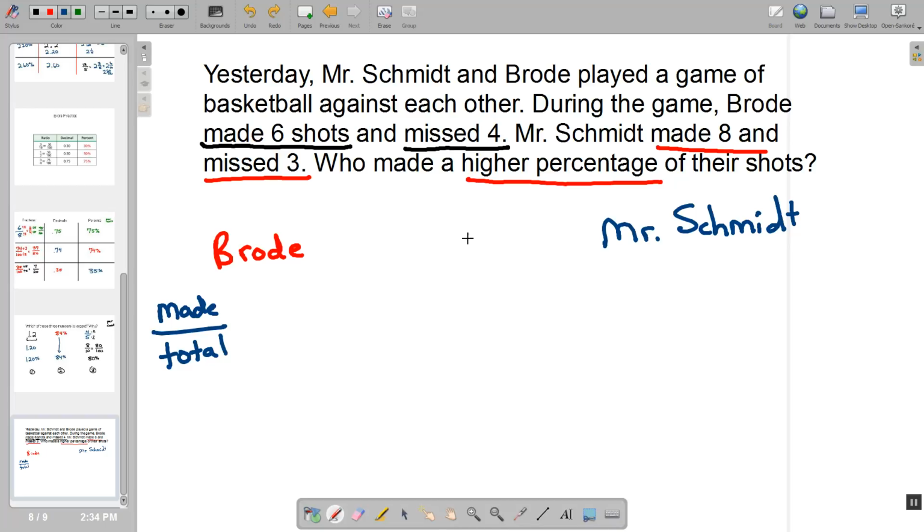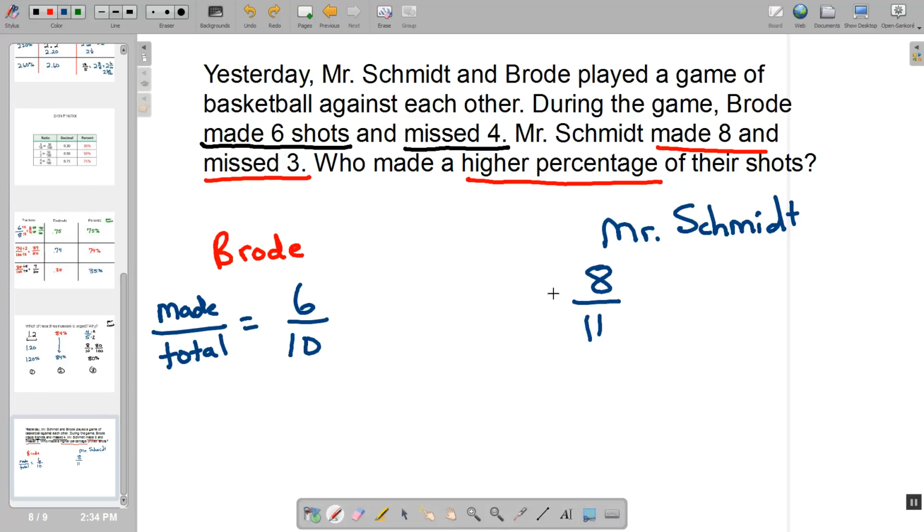For Brody, he made 6 shots, and he shot a total of 6 plus 4, or 10. Mr. Schmidt made 8 shots and shot a total of 8 plus 3, for 11.